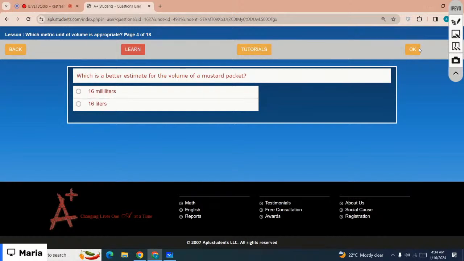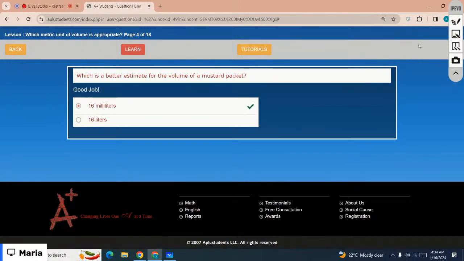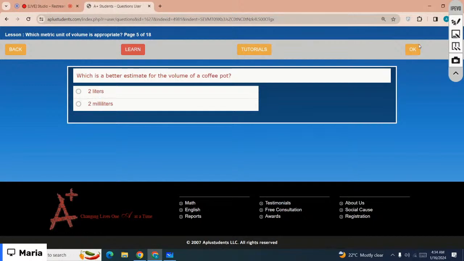Sixteen liters is too much. I think that would be 16 milliliters. Yes. Okay, the next one: which is a better estimate for the volume of a coffee pot? Which is the correct option?